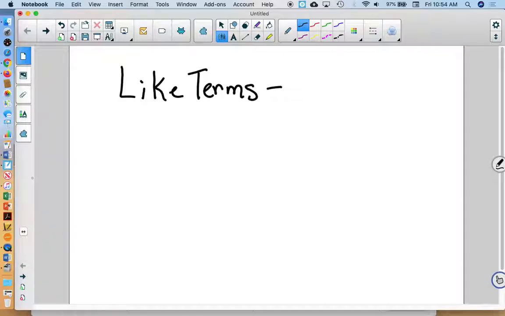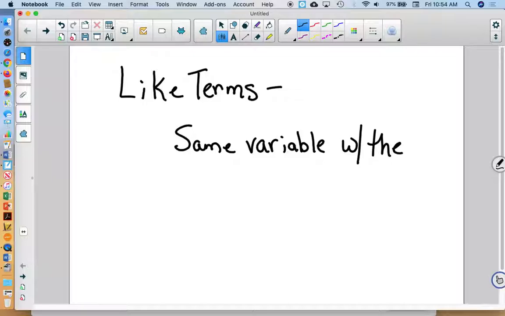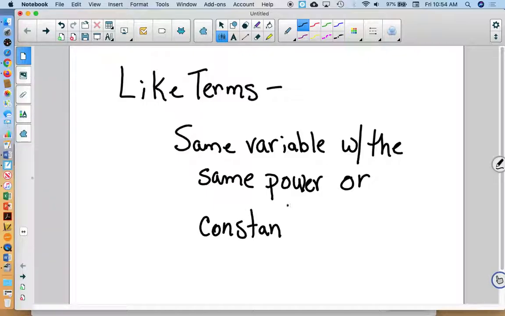Okay, they can be the same variable with the same power, or constants. And that we didn't have on our first definition. The same variable to the same power, that makes them like terms, or if they are a constant.